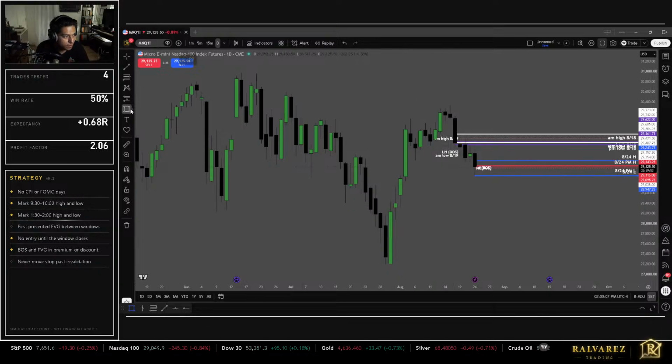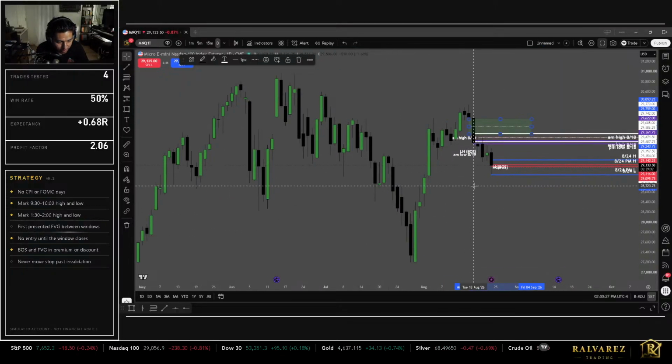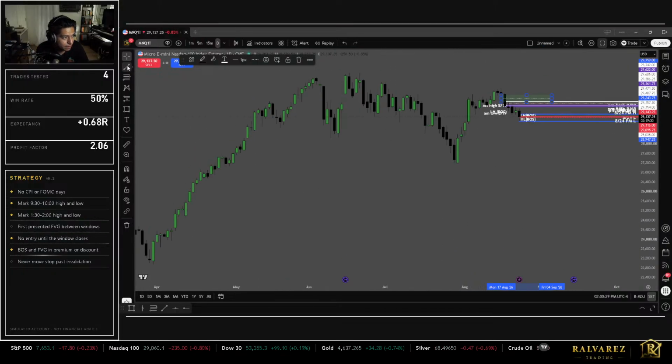But what I think is important is how price came back down really fast, creating this fair value gap here. Now I want to see whether it wants to come back and retrace into it. If these fair value gaps don't hold up, it could be that we have these order blocks.